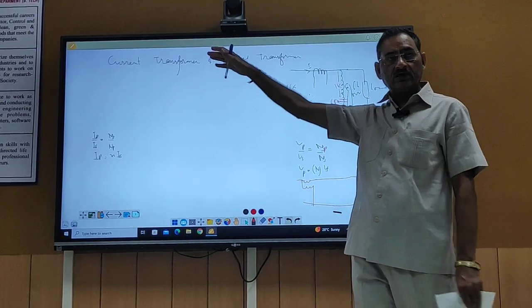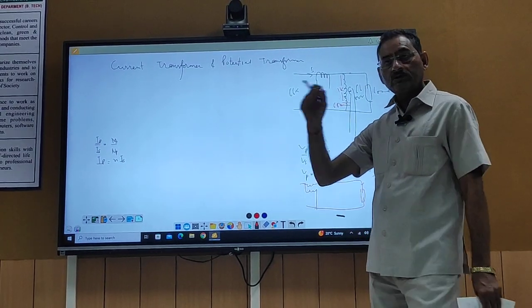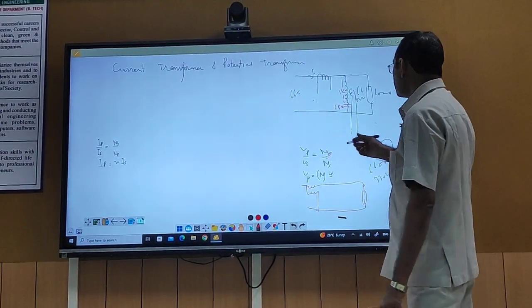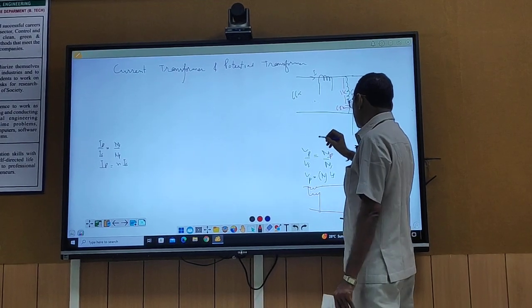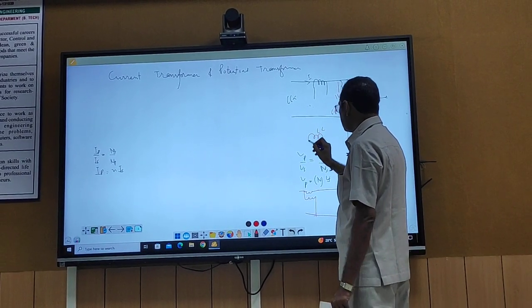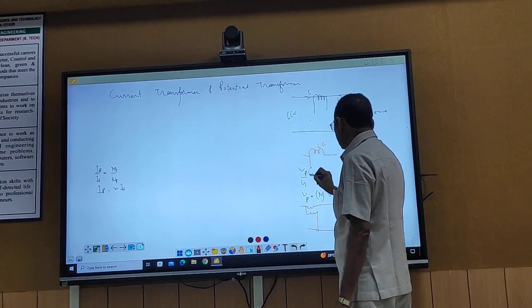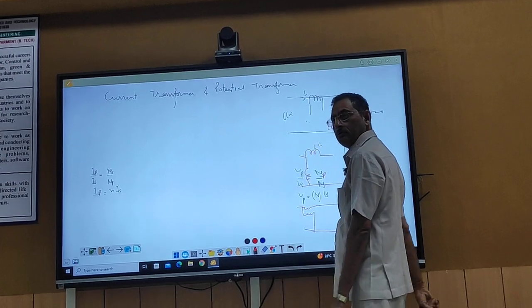You are at a substation from where a 33 kV line is going and you want to measure the power on that. It means the wattmeter has the current coil, this is the current coil of the wattmeter, and this is the potential coil of the wattmeter.